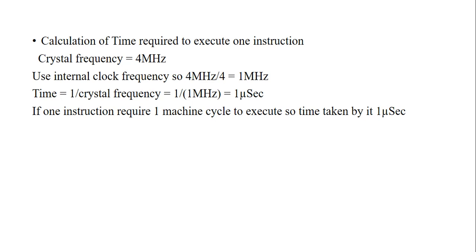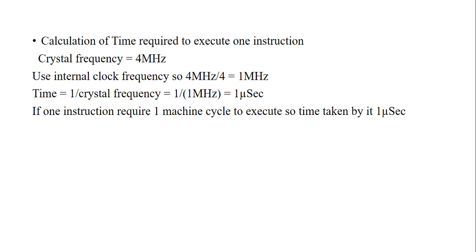An instruction like MOVWF requires only one machine cycle, so it executes within one machine cycle, and the execution time for this instruction is 1 microsecond. If you choose a higher crystal frequency, for example 10 megahertz, the time will be reduced further.